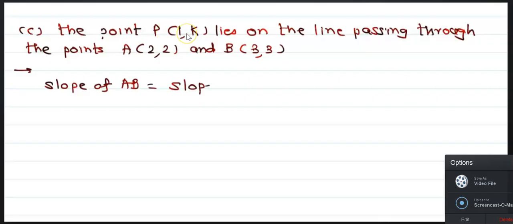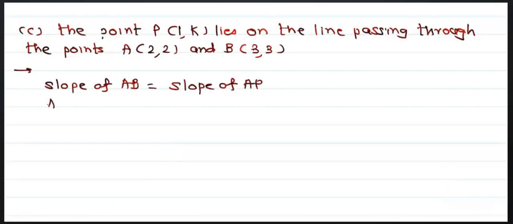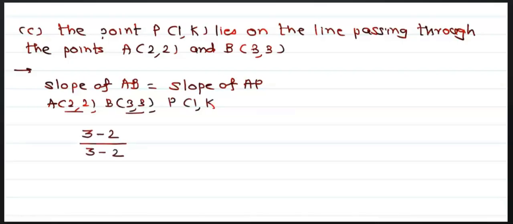The point (1, k) lies on the line passing through these two points. We will prepare the equation of AB, and if this point lies on that line, then this point satisfies the equation. Substitute x is equal to 1 and y is equal to k, and you will get the value of k. We will prepare the equation of AB. Slope of AB is equal to slope of AP.